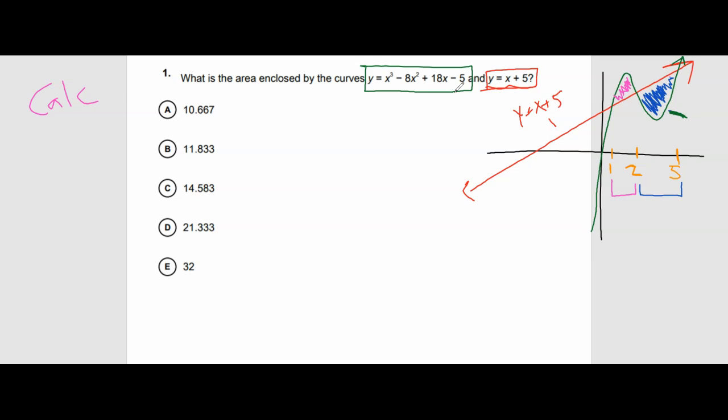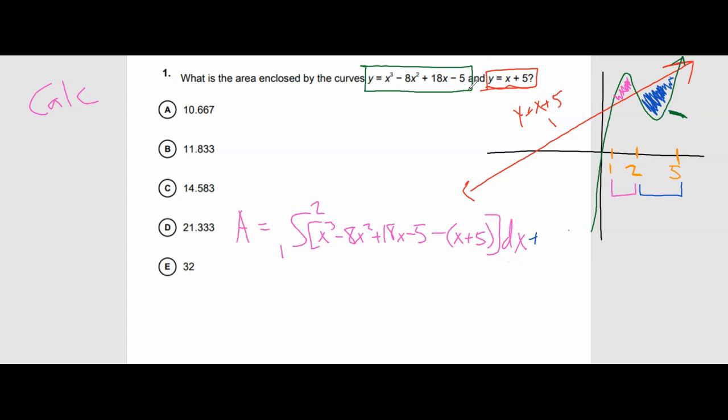Pause the video. Go ahead, write out these integrals. And then evaluate them using your calculator and see what answer you get. Okay, so first integral, to find the pink area, we'll say area is equal to the integral from 1 to 2. Green function is our top. So we've got x cubed minus 8x squared plus 18x minus 5 minus the quantity x plus 5 dx.